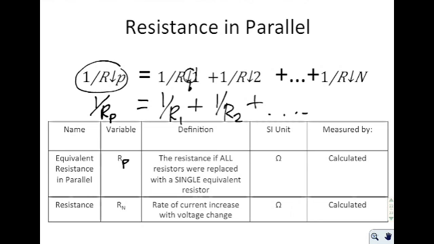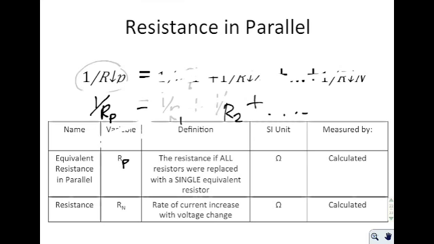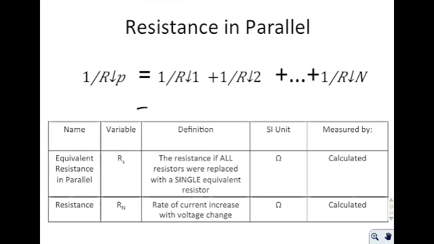Whenever you added resistors in series, you ended up with a larger resistance overall. Let's start off easy. Let's say we have two 4 ohm resistors. If those resistors are wired in series, you would have a total resistance of 8 ohms, where the total resistance is greater than any one resistor.